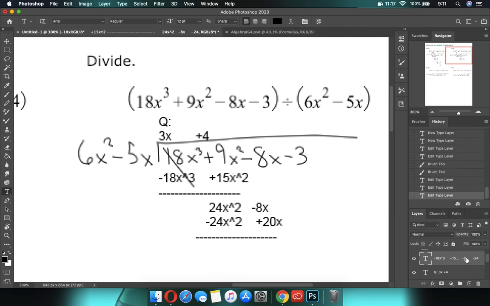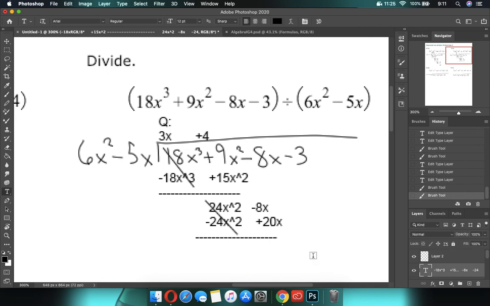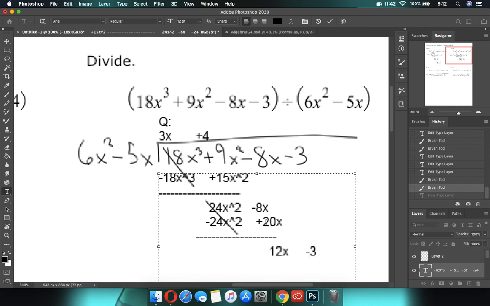The 24s completely disappear, and now what are we left with? Negative 8 plus 20. What is negative 8 plus 20? That is going to be 12x, and then the minus 3 drops down.